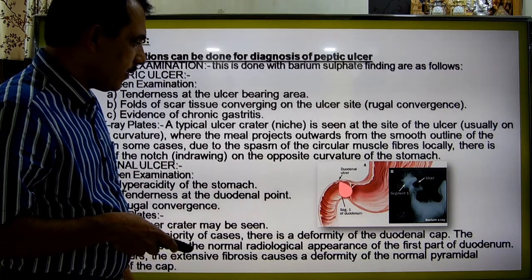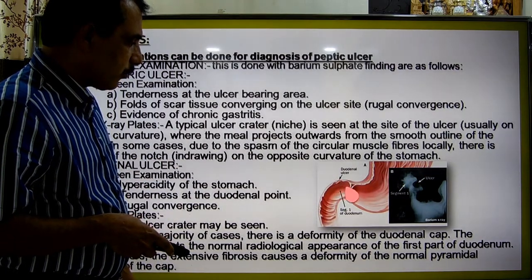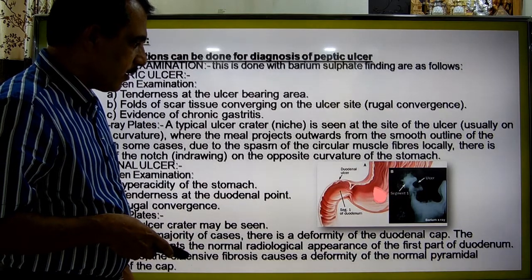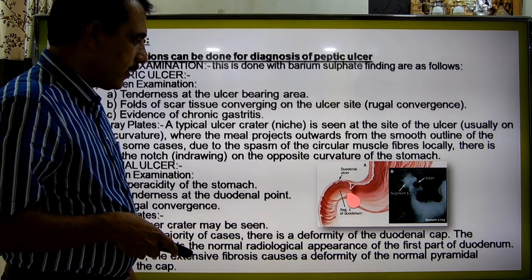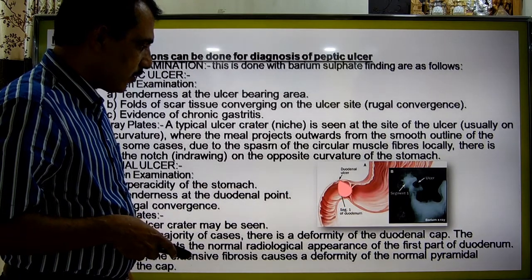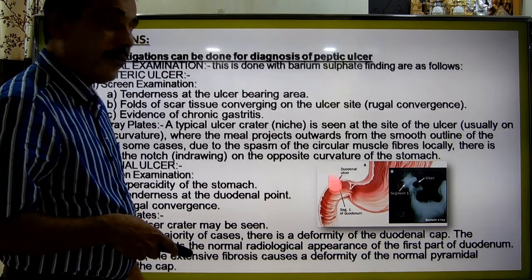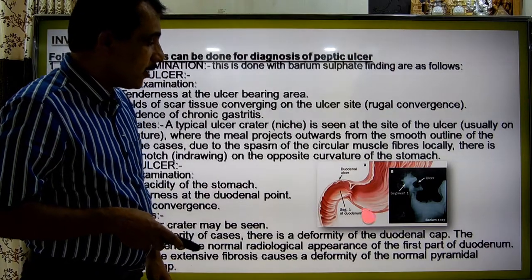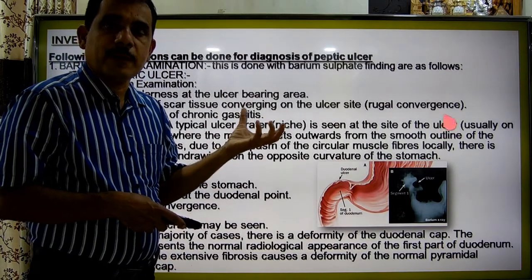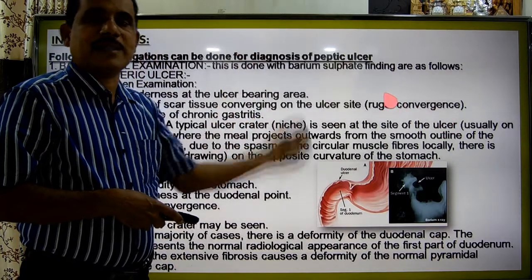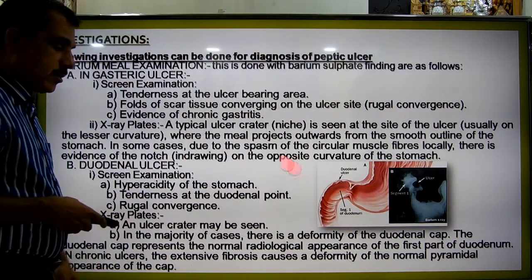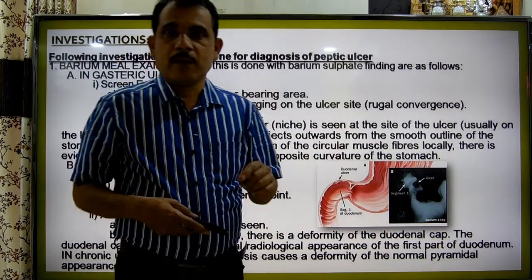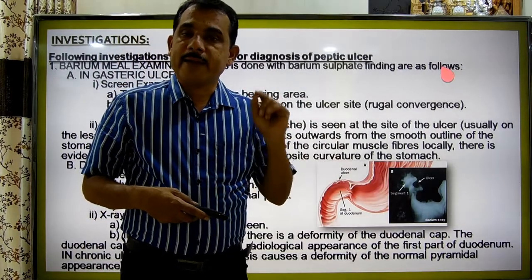This is the site of the duodenal ulcer. This is the stomach, this is the pyloric orifice, and this is the duodenum. The ulcer is seen in the first part of the duodenum, and when the ulcer is there, we see the duodenal cap due to projection of the meal into the ulcer. Do you understand? So these are the findings in peptic ulcers on barium meal examination.